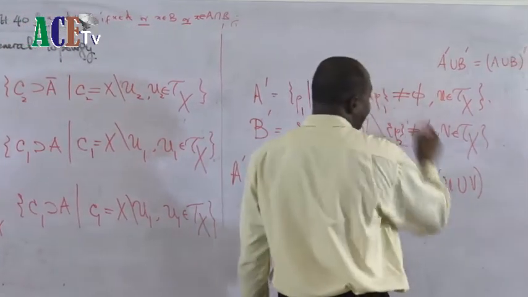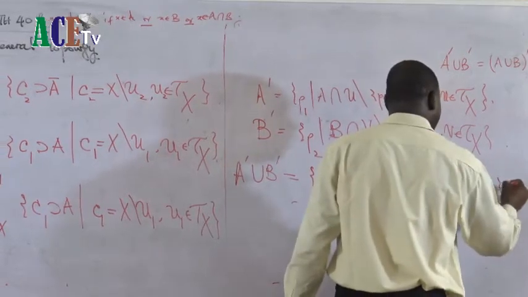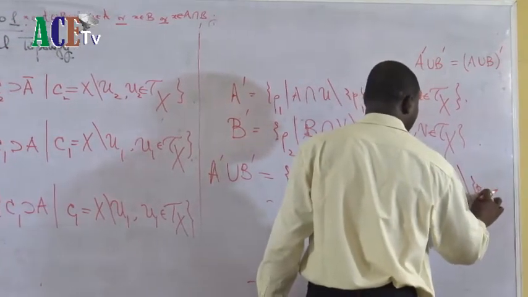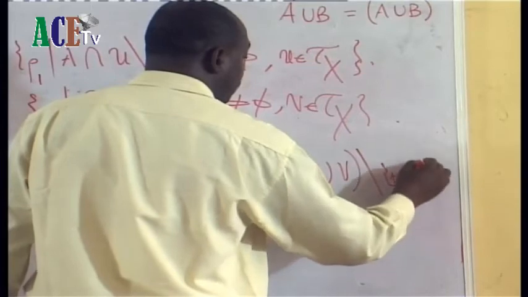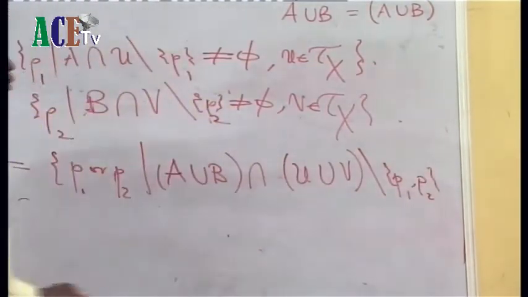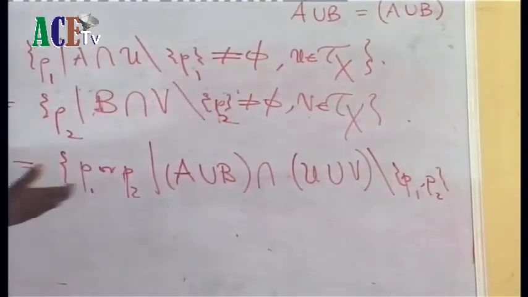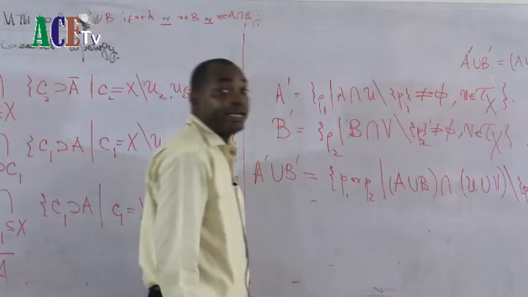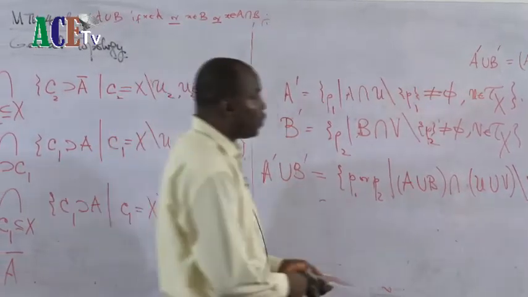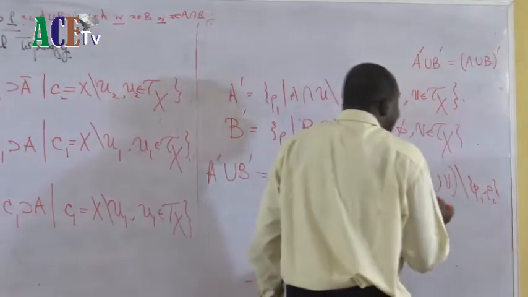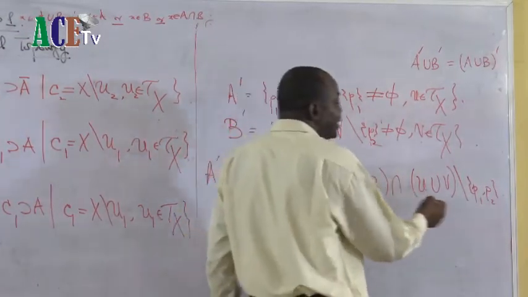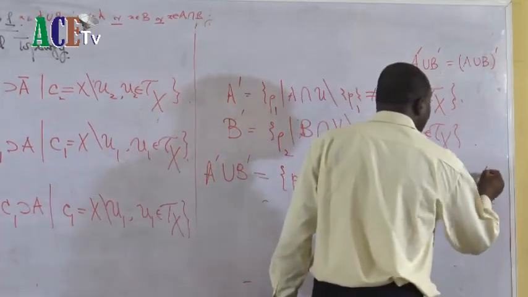And then this can take away P1, P2, because both of them, in this case, are accumulation points. So the truth is that the intersection between these two will not be empty.